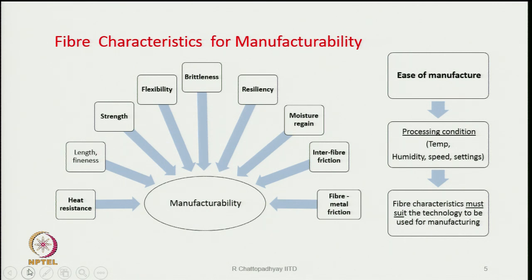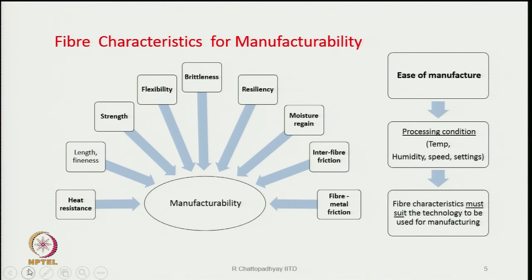also becomes important from the point of view of manufacturability. Strength obviously is important, fibers should not rupture, therefore, strength and brittleness, they are important. Flexibility is also important, because many a times we have to bend the fibers or twist the fibers while being processed, and therefore, they have to be flexible enough.